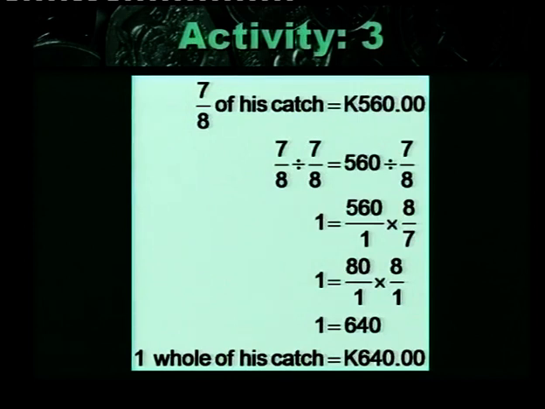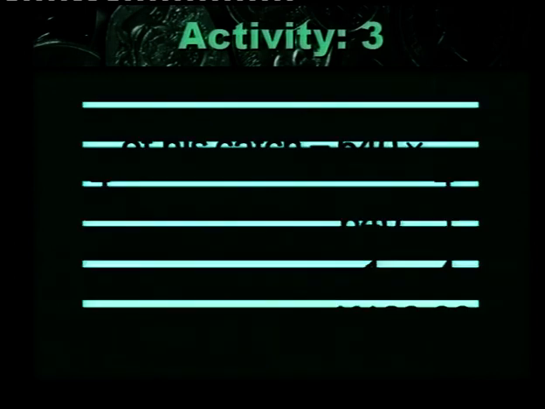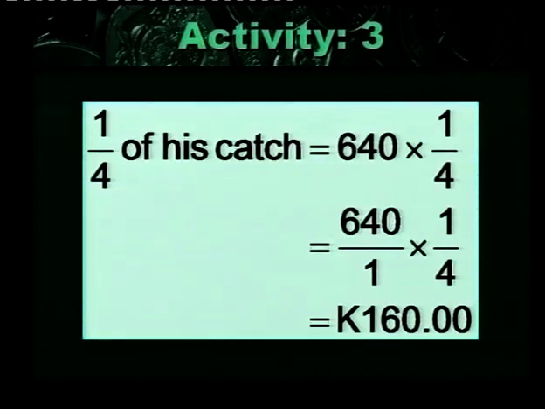To get the whole catch, we divide 560 by 7/8, and then we come up with 640 kina. So to find out the answer for 1/4 of his catch, 640 kina times 1/4 is equal to 160 kina. Okay?